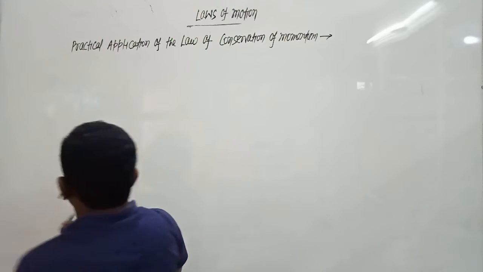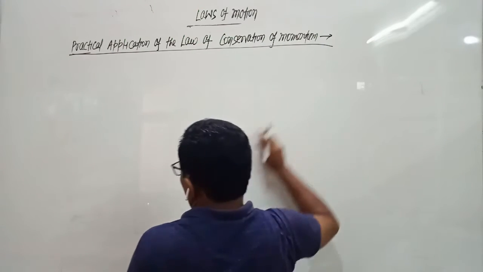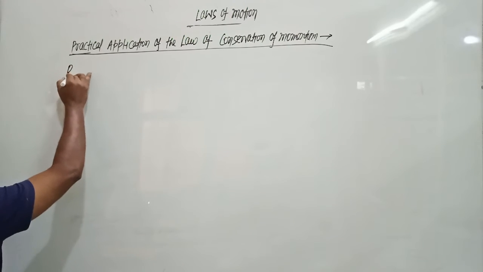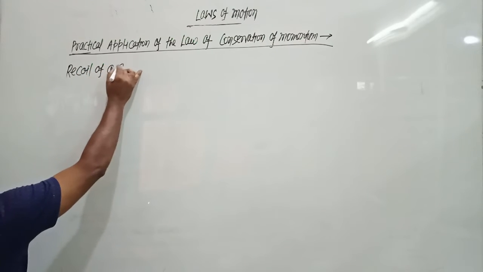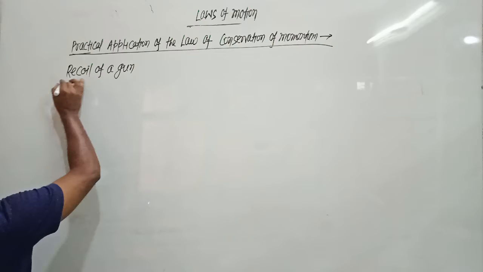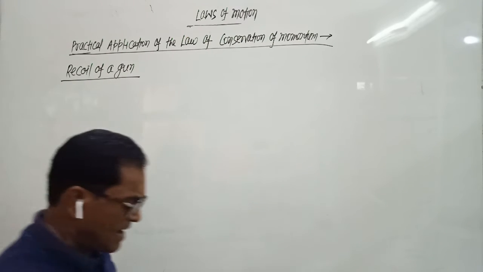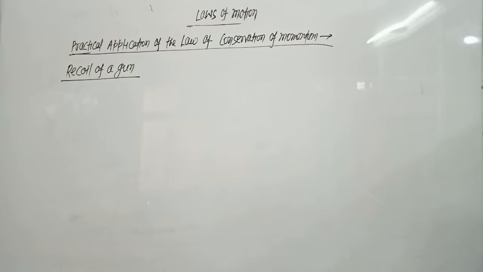The first, very important application is called recoil of a gun. This is the most important application of conservation of momentum.